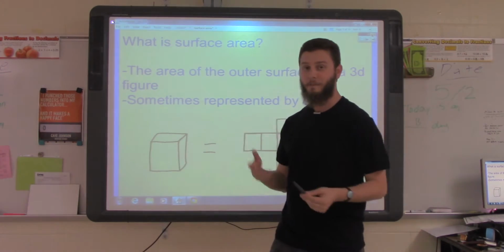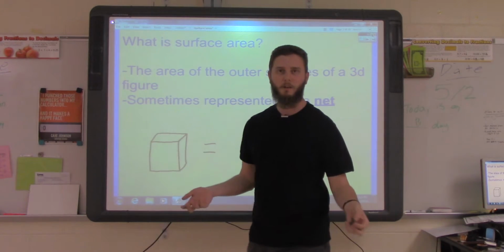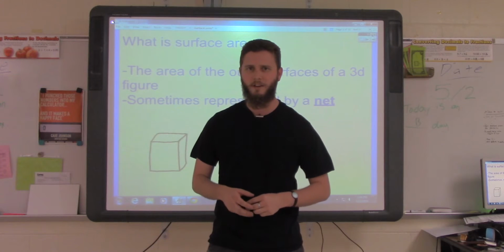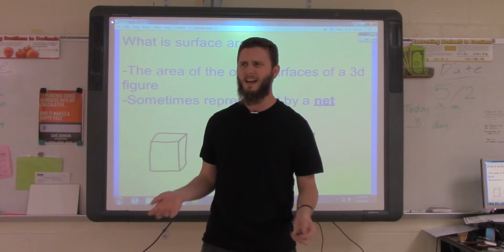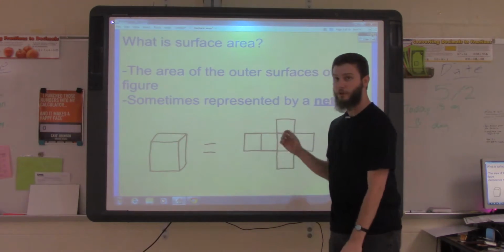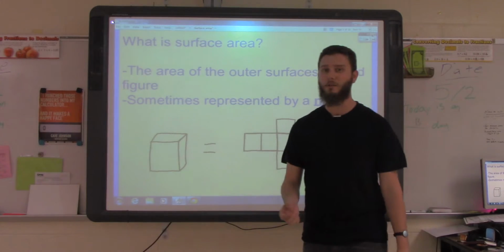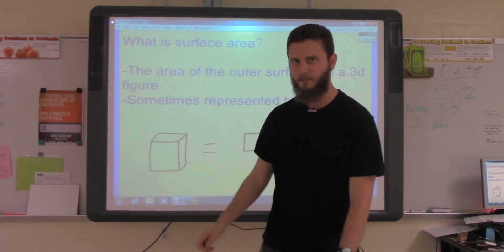Now, there are certain types of paint that you can use on a box that will make the box look old, make it look distressed. And if you use too much of that paint, it's just going to look all glossy and it'll look totally fake. So you have to know the surface area of that box, so that way you know exactly how much paint you're going to have to use for the surface of the box.